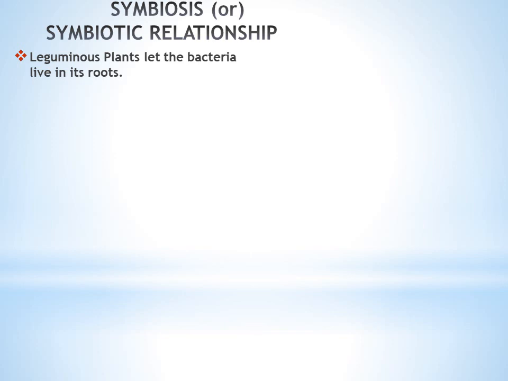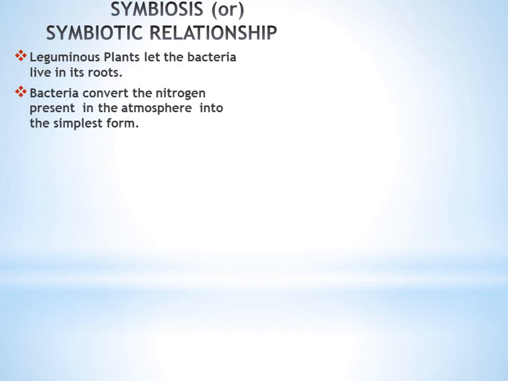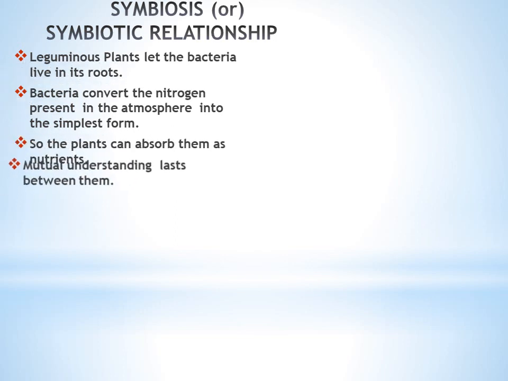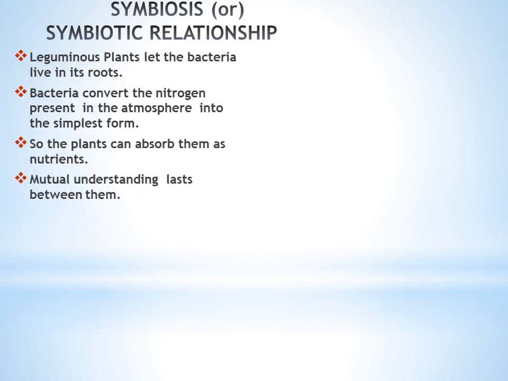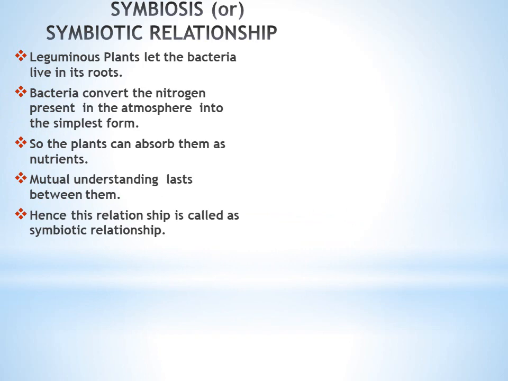The bacteria converts the nitrogen present in the soil in a complex form into a simple form so that the plants can use that for the preparation of food. In this way, both are benefited from each other. And so there is a mutual understanding between them that maintains this relationship forever.